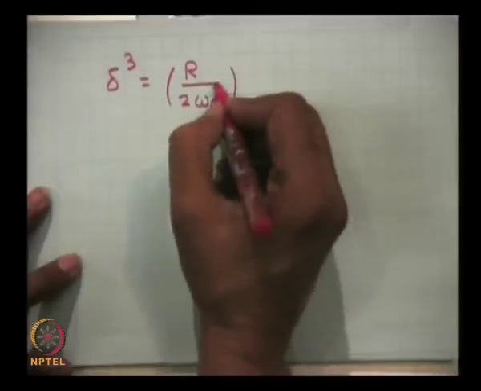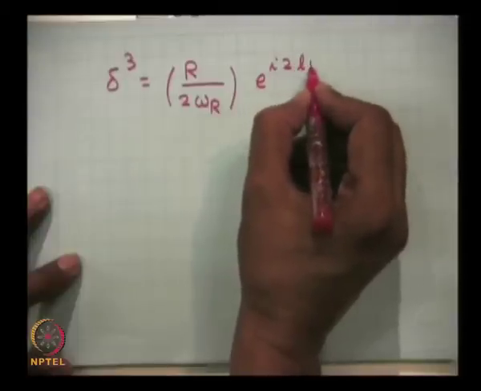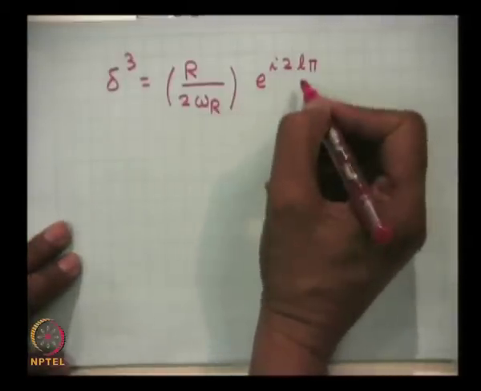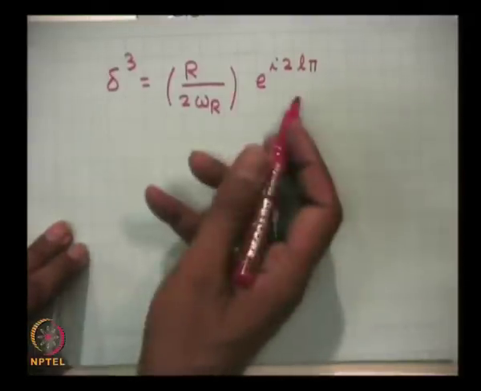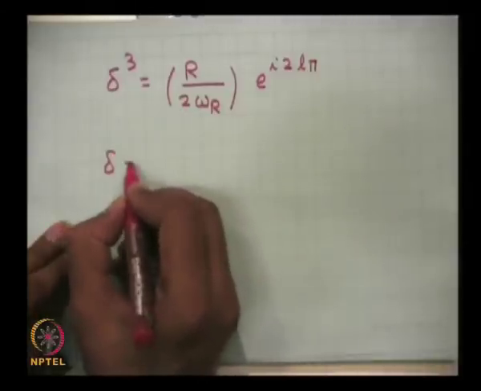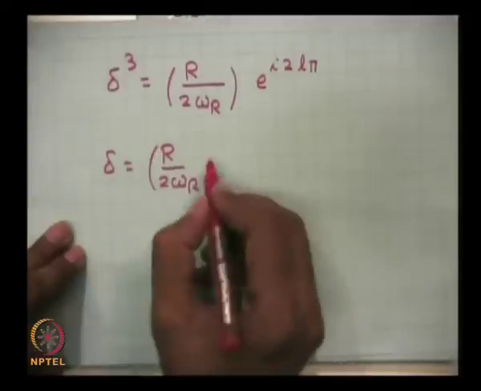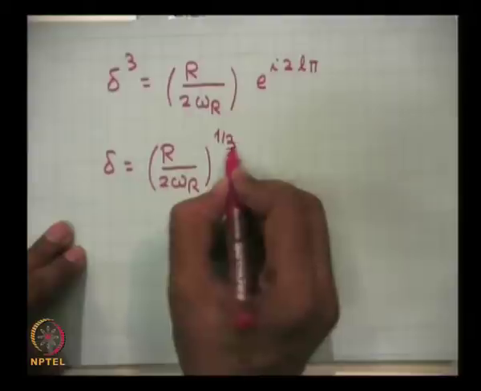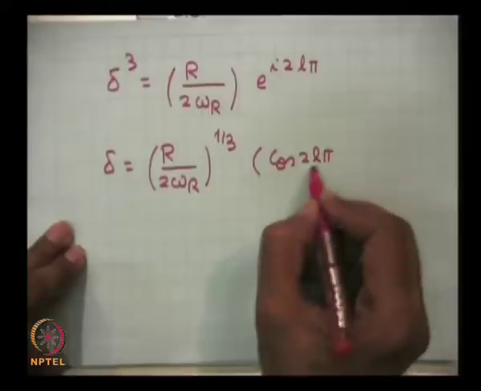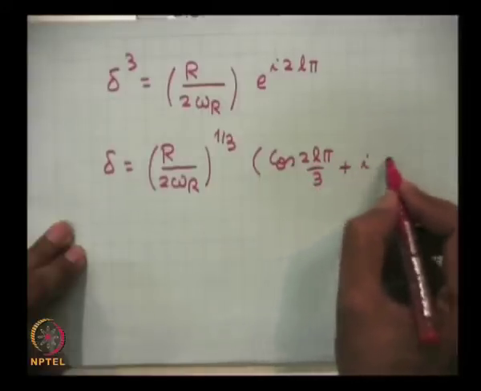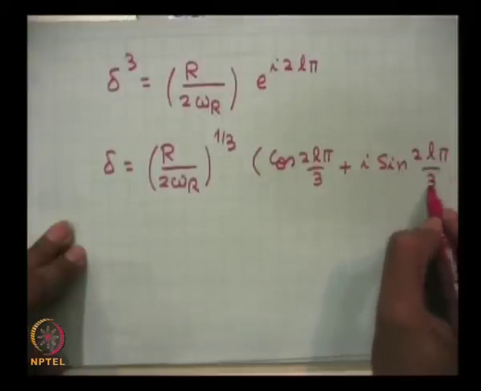I multiply this quantity by exponential i twice L pi, because this is always unity. L is an integer: 0, 1, 2, 3 are the values. So take the cube root of this equation, and delta is a similar expression as (r upon twice omega_r) to the power 1/3, into cos(twice L pi by 3) plus i sin(twice L pi upon 3).